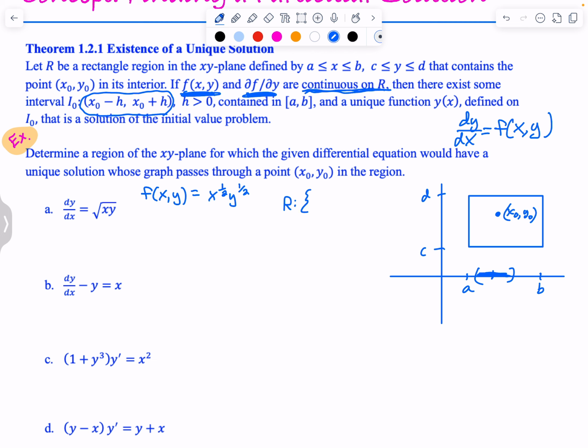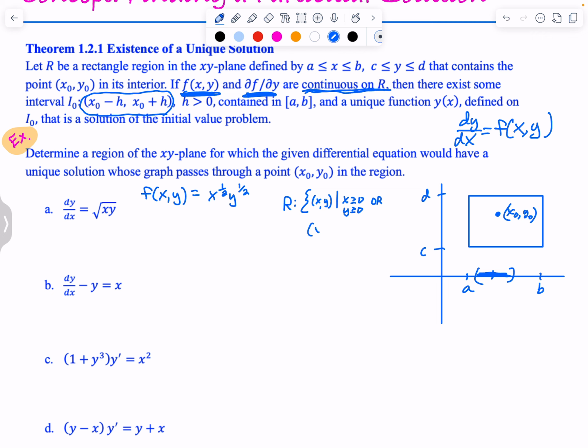One way would be all x, y's such that, I want to say the signs are the same. So let's say x is greater than 0 and y is also greater than or equal to 0. And it's got to be both, right? It can't be the other one or the other half of the other one.